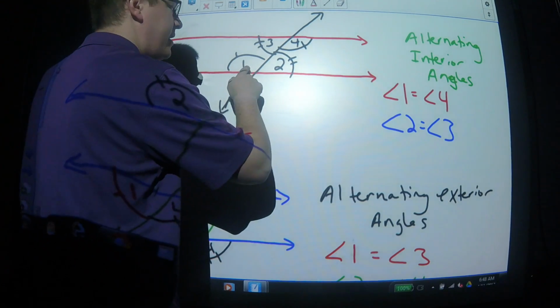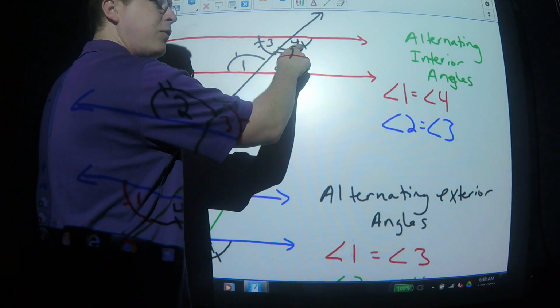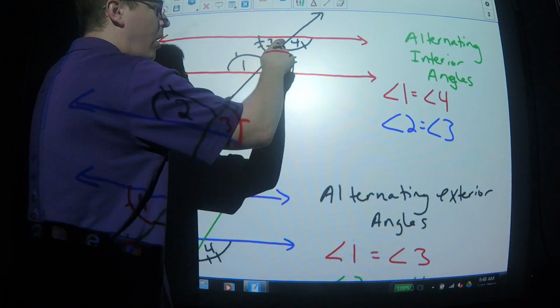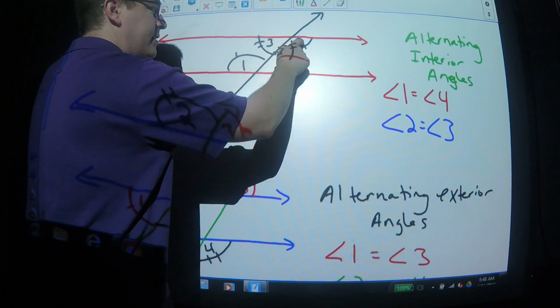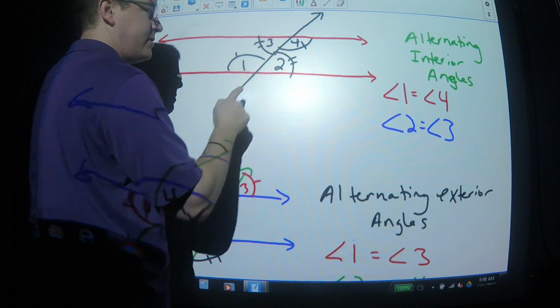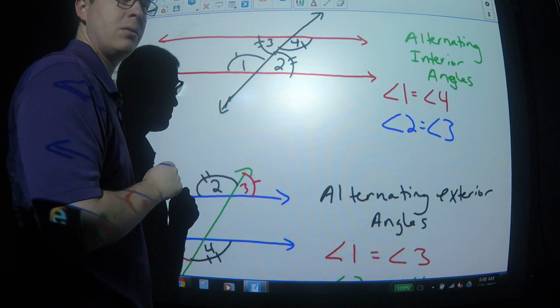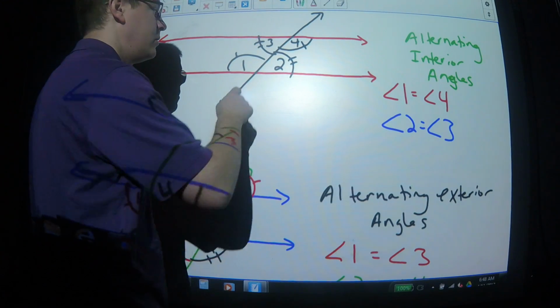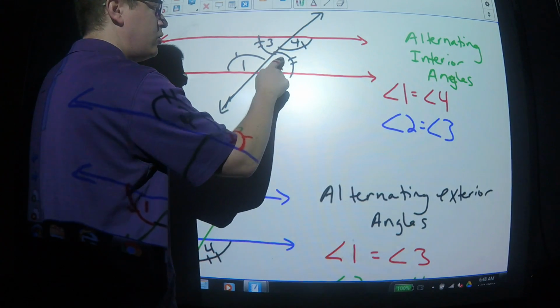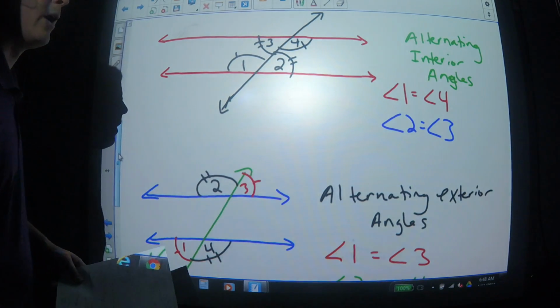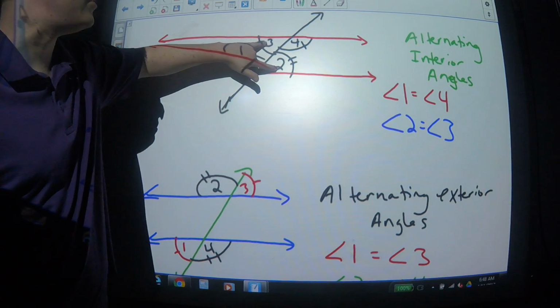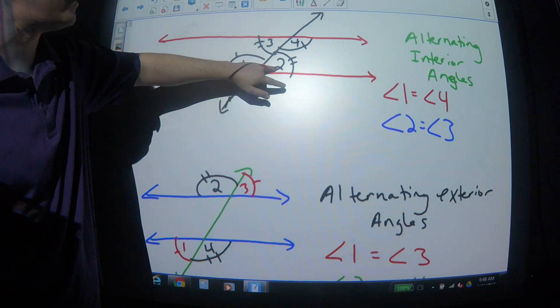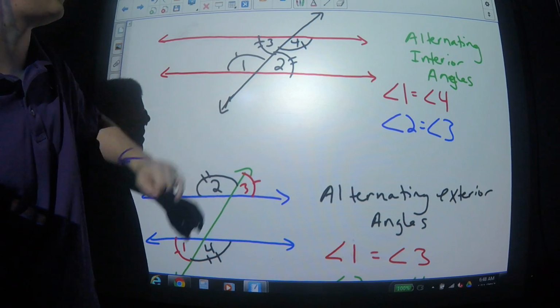So alternating interior, angle 1 is equal to 4. They're on opposite sides of the transversal. So 1 and 4 are equal. 2 and 3 are equal. These are alternating interior angles.